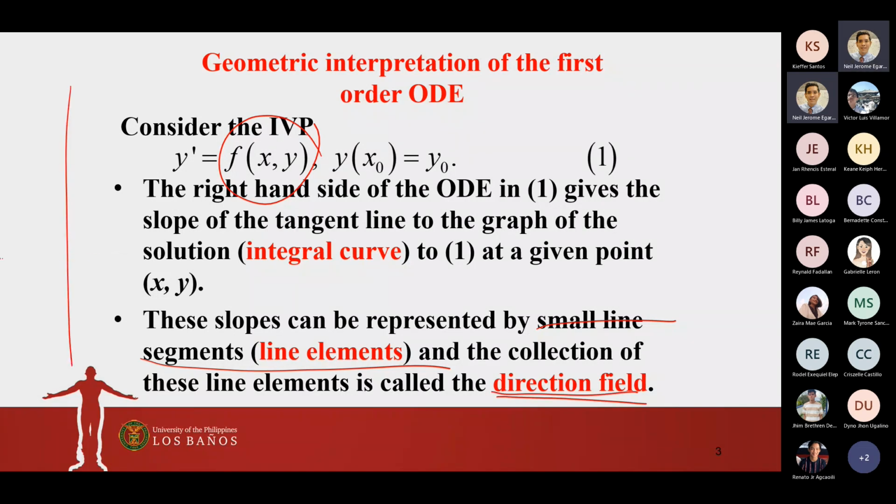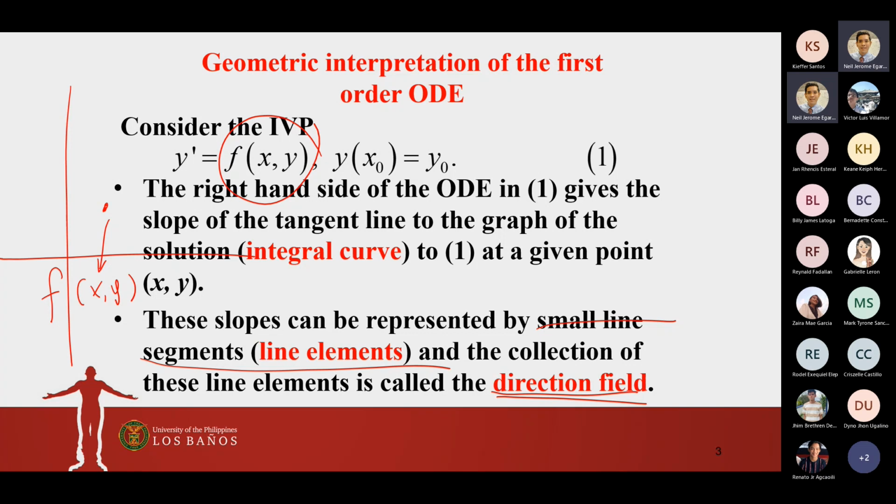So basically, Cartesian plane, magko-consider ako ng isang point x comma y dyan. Ipa-plugin ko yung x at saka y na yun kay function f. So I'll get f of xy. Pero ang sabi, yung function value nung point na yon under f is basically y prime.